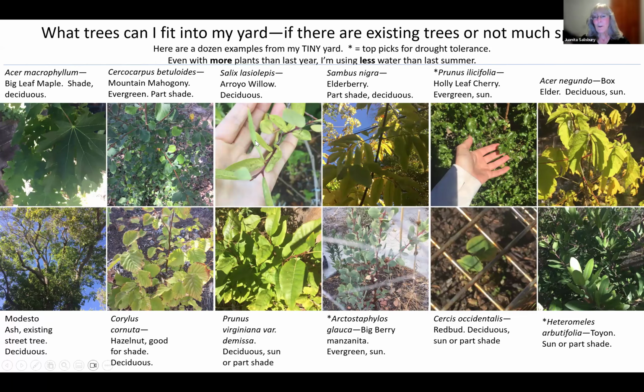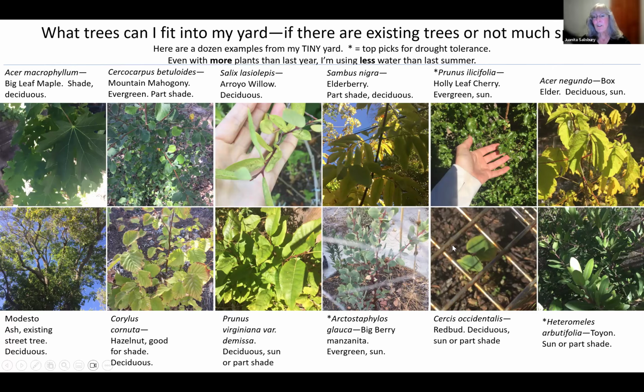I even have a willow growing in my yard. I have elderberry, the cherry Prunus salicifolia, the box elder, Acer negundo, our street tree that we have, the Modesto ash, hazelnuts, because who doesn't like hazelnuts? We have another cherry, Prunus virginiana here, Arctostaphylos, our native manzanita, which can grow in different forms. They can grow into tree forms.